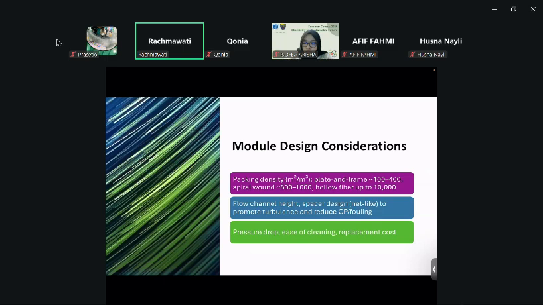So what should you consider when you are designing the module of this filtration? In the packing density, plate and frame should be around 100 to 400, and for the spiral one, it should be 800 to 1000, while the hollow fiber can go up to 10,000.